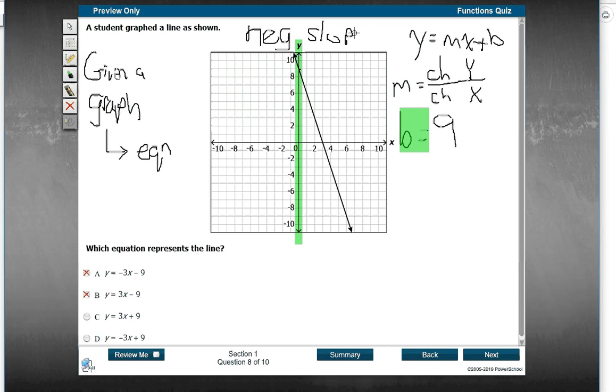So I don't even need to calculate it, but it depends on how you work. Again, you want to have several different tools in your shed.